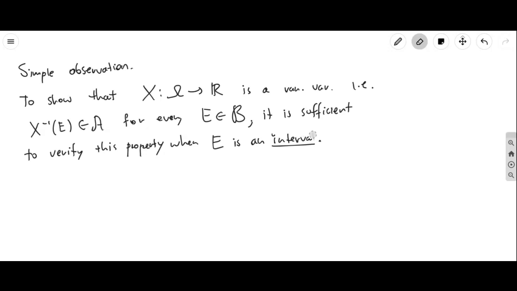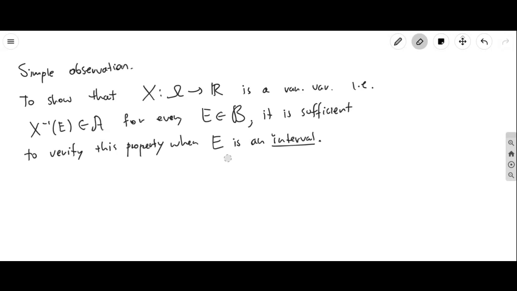And the reason is actually very simple, because it has to do with the fact that if you take the pullback of a union, it's the union of the pullbacks. If you take the pullback of an intersection, it's the intersection of the pullbacks. And since a Borel set is made out of countable intersections and unions involving intervals, you can just assume that you're having an interval.